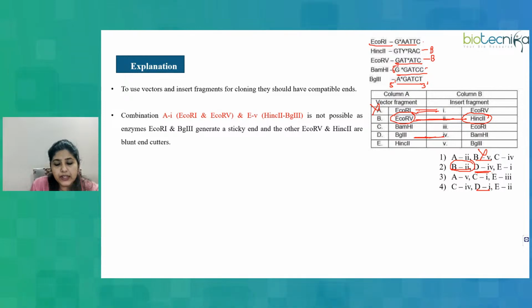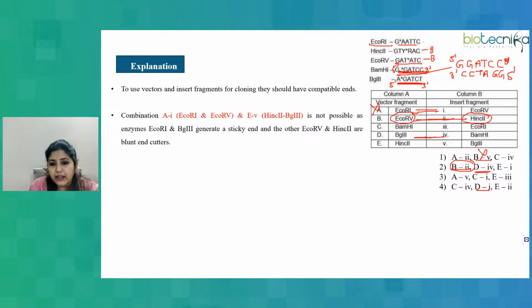So I have to consider the 3' to 5' strand of the other enzyme. If I'm considering BglII 5' to 3', the BamHI sequence is this. I'll write it here: GGATCC. This is 5' to 3'. What will be the 3' to 5' sequence? C, C, T, A, G, G, right?